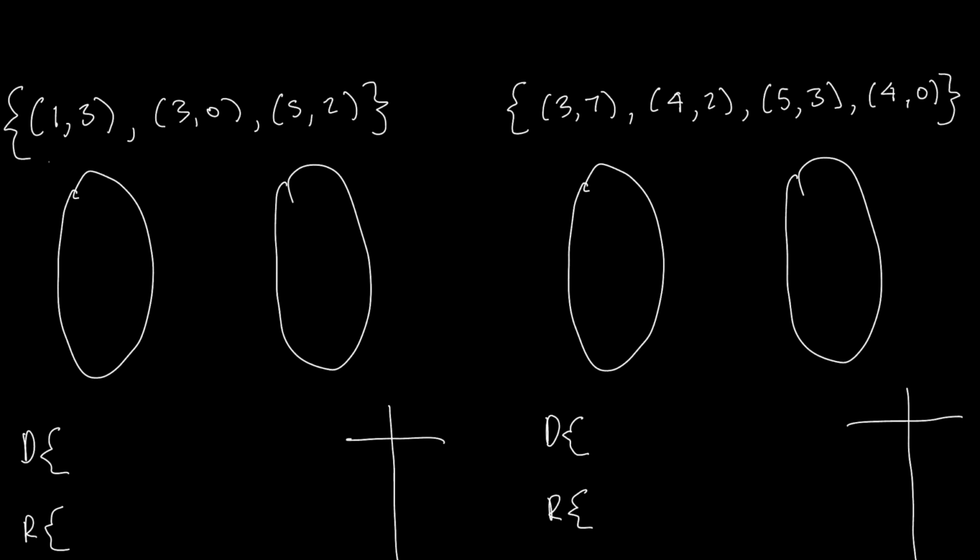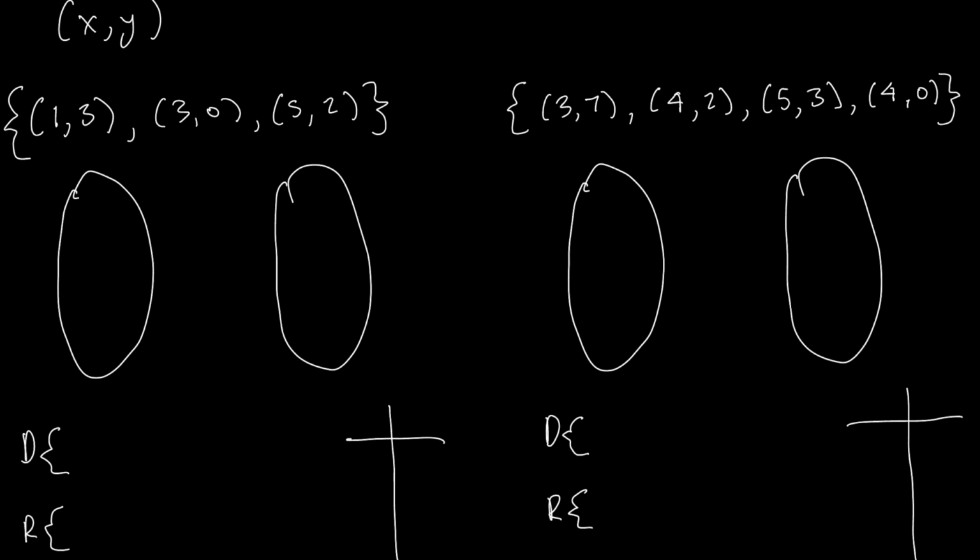We have the points 1, 3, 3, 0, and 5, 2. So let's try to show this in these big circles right here. And just to clarify once more, x, y is a coordinate point, an ordered pair, and that's exactly what we have in these three.